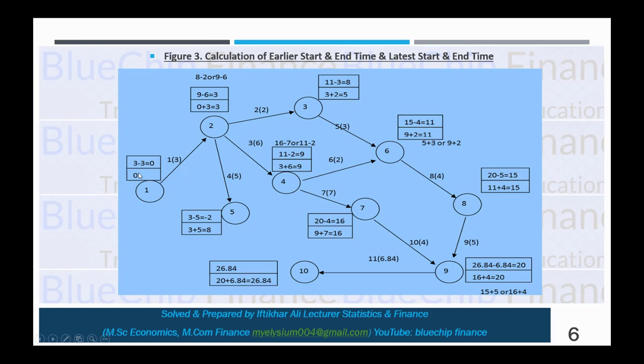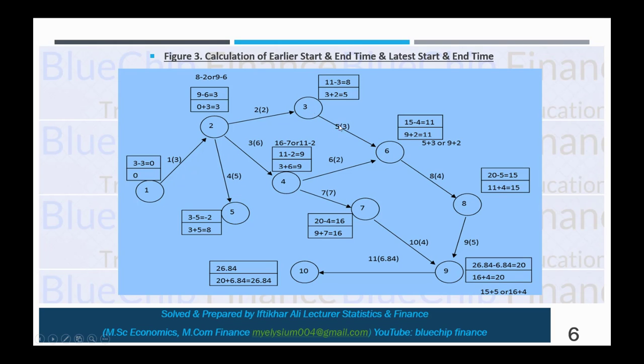So we start from node 1 and take 0 here, and after that 0 plus average time 3 equals 3, and from here 3 plus 2 equals 5. And here two more activities are originating from here: 3 plus 6 equals 9, and 3 plus 5 equals 8.